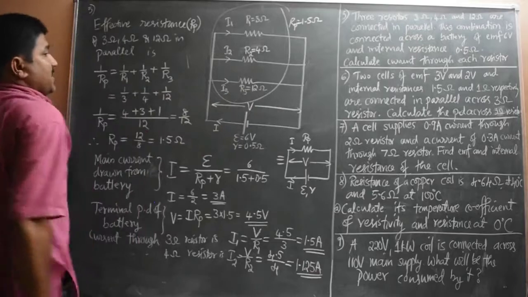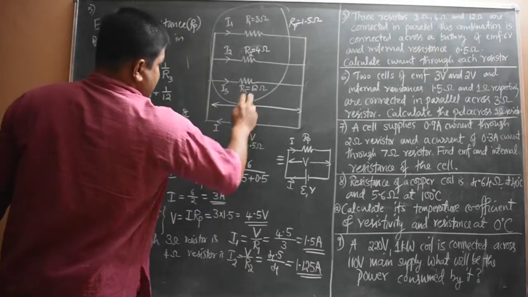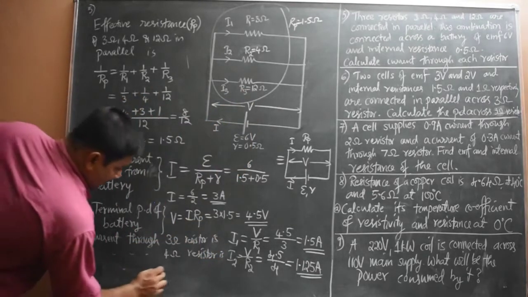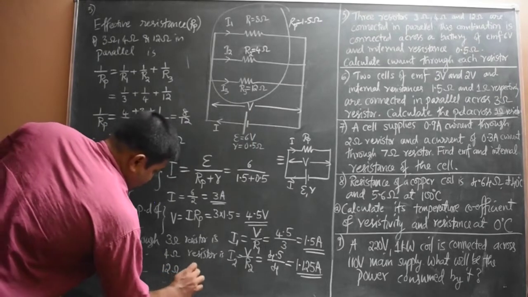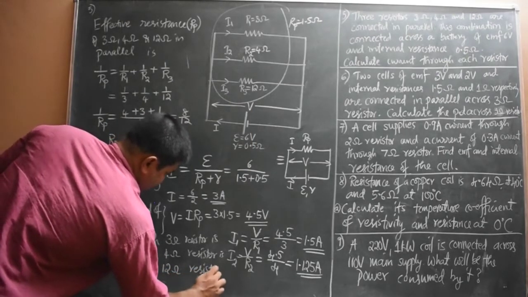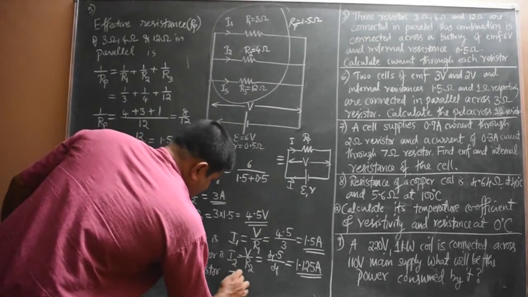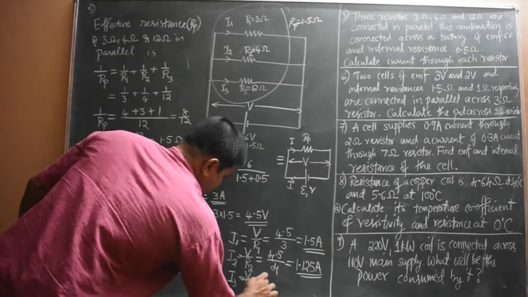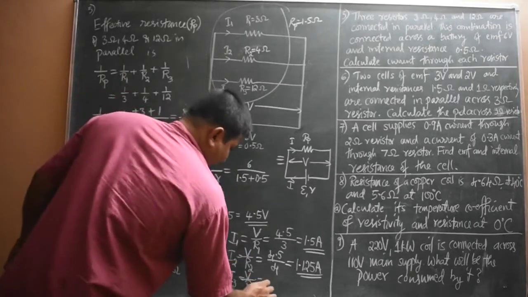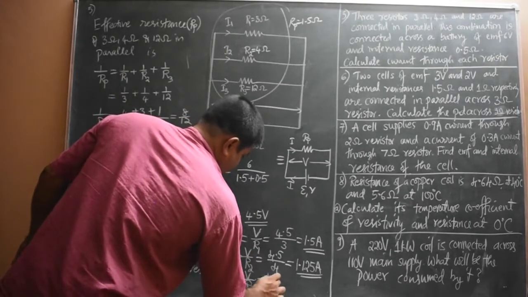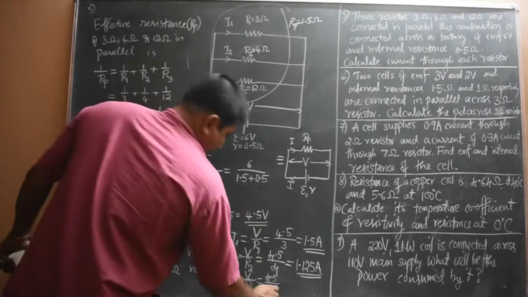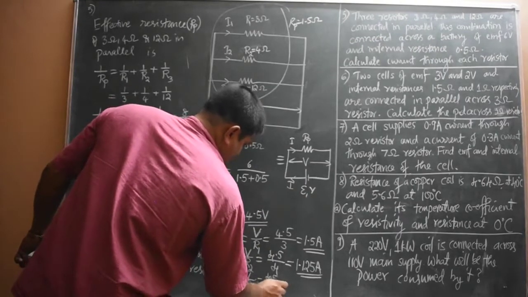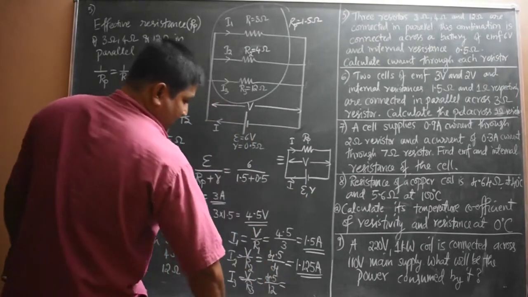Now lastly, the current through R3, the 12 ohm resistor. I3 equals V divided by R3. So 4.5 volt divided by 12, that is 4.5 by 12.